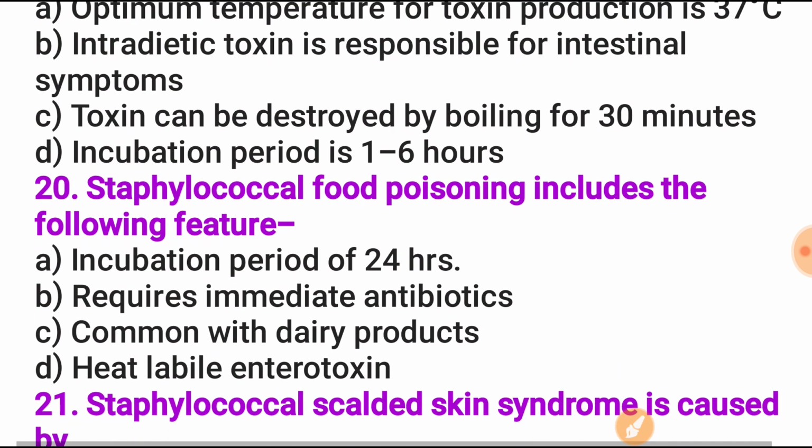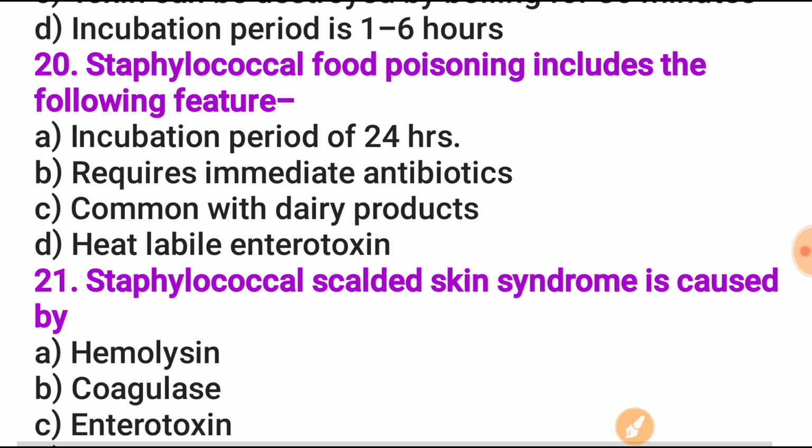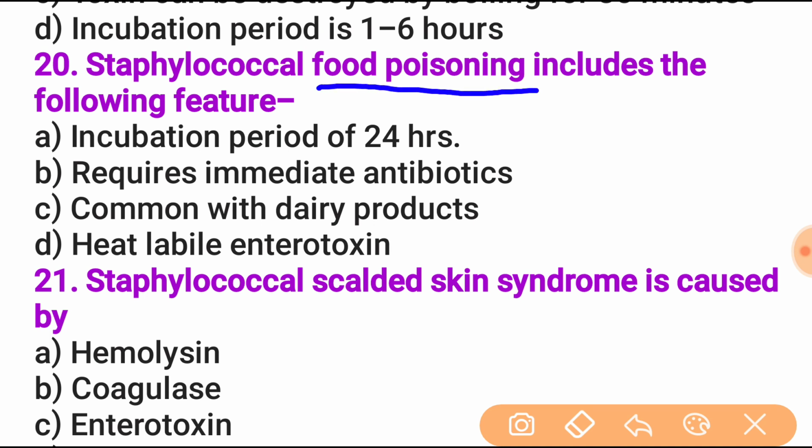Next is, staphylococcal food poisoning includes the following feature: the incubation period of 24 hours, requires immediate antibiotic, common with dairy products, heat labile enterotoxin. The question is about food poisoning and its features.